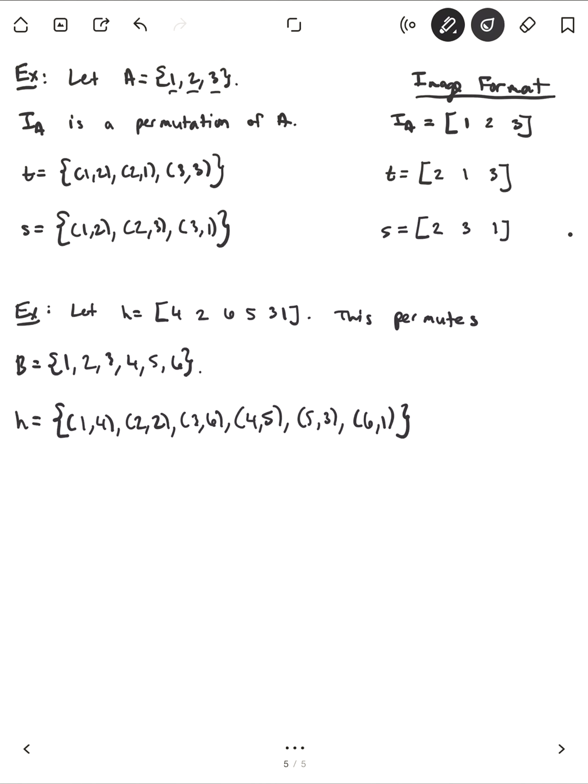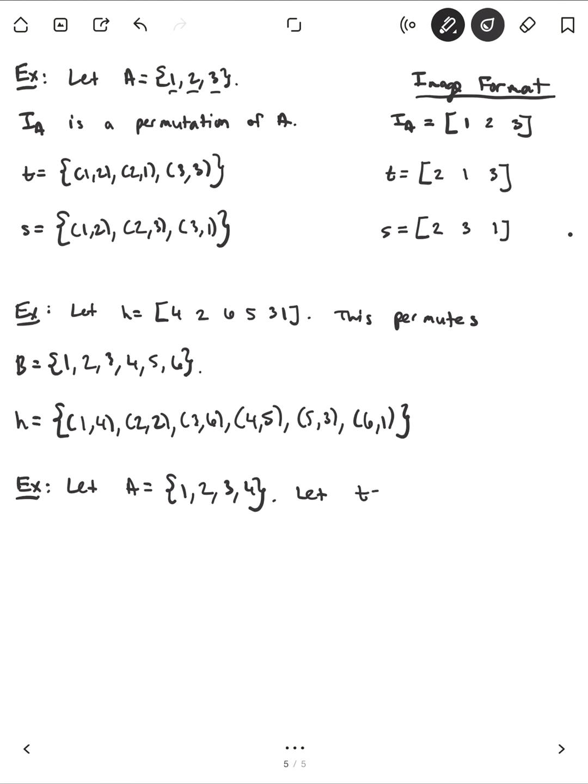Another advantage of this bracket notation is to compute compositions and inverses. So let A equal 1, 2, 3, 4.